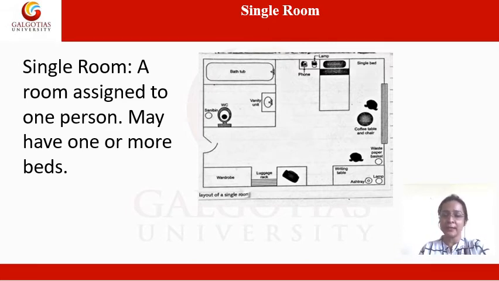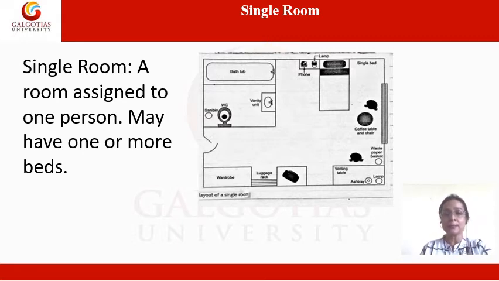Next to that there is a luggage rack, so if the guest requires to keep luggage safe, the rack can be used for that purpose. And next to that there is a wardrobe, where the guest can keep clothes or very expensive items. So this is all about the single room.